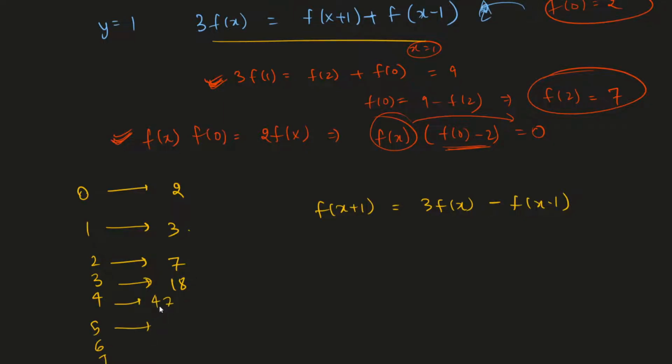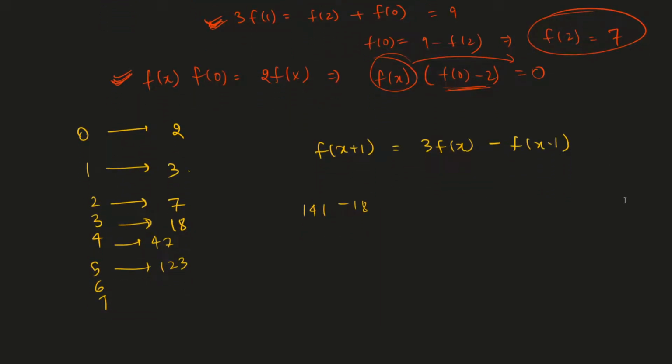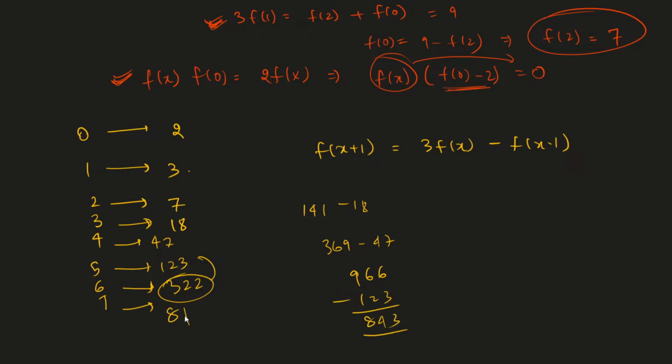Again, 3 times 47 minus 18, so 141 minus 18, that is equal to 123. I suppose I'm not committing any calculation mistakes. And f(6): 3 times this, 369, minus 47, this is 322. And then 3 times 322 is 966, minus 123, that is 843.